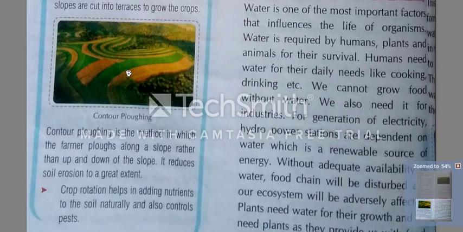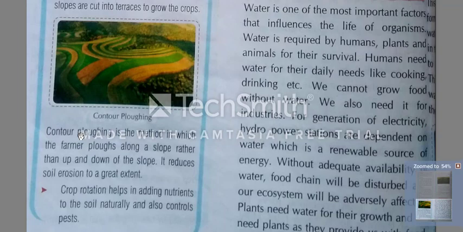Next we will see contour ploughing. What is contour ploughing? Contour means profile or design.